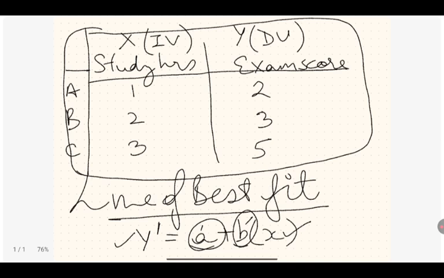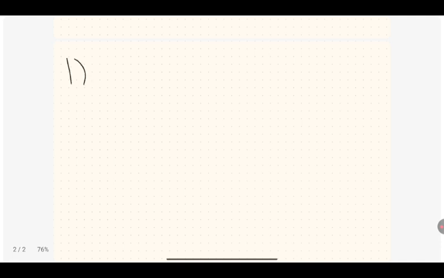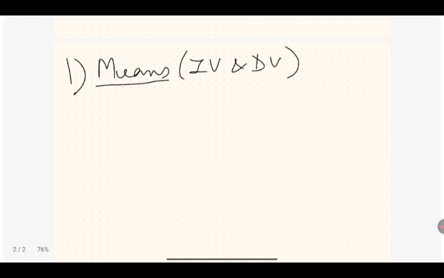How do we do them? Let us start with step 1, which is calculating the means. We have to find the means of the independent and dependent variables. For the independent variable, the mean is 1 plus 2 plus 3 divided by 3, which is equal to 2.